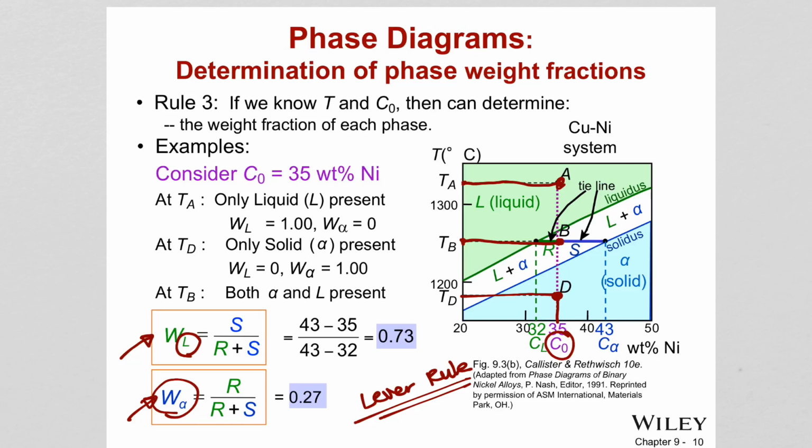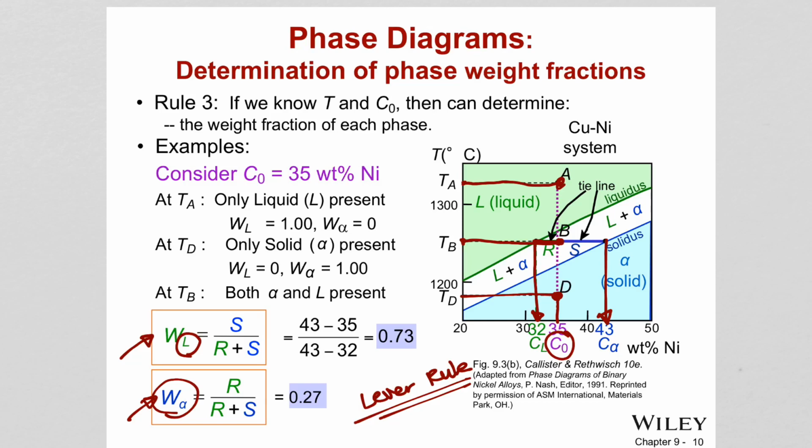Of course, you're going to read the intersections with the liquidus and solidus lines. First, you find the composition of the liquid and the composition of the alpha, as we did in the previous slide, right? So this was the composition of liquid, and this was the composition of solid. Using that information, we can calculate the weight fractions.